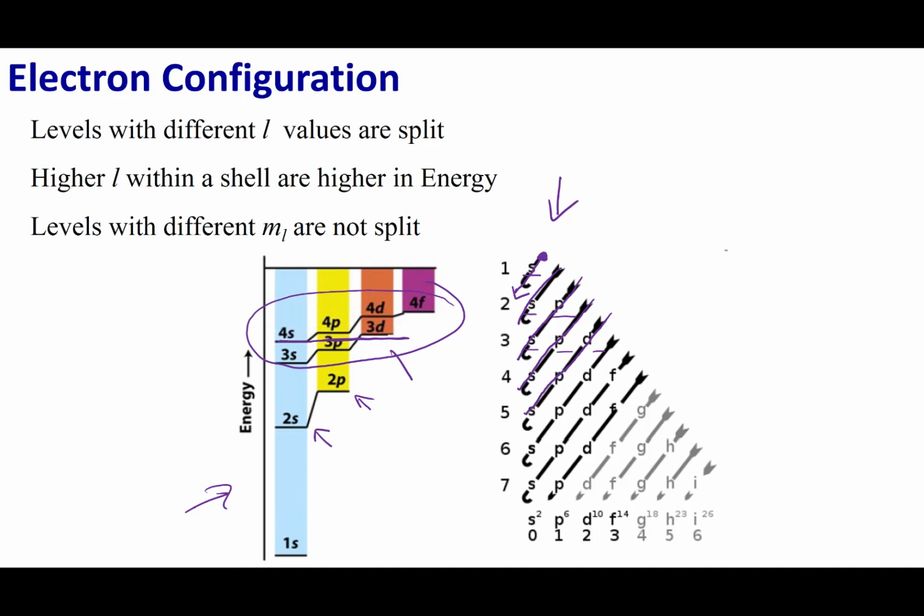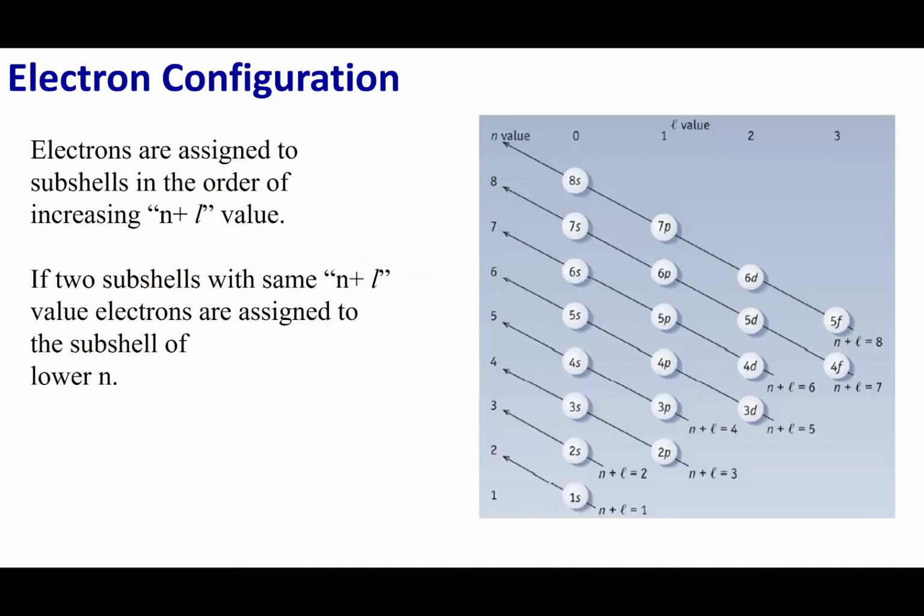Now, if you're more mathematically inclined, you can use a formula. The way that you figure out which orbital is lower is you can use the simple formula n plus l. Whatever has a lower value is going to be filled first. So if you're trying to figure out which is the lowest energy, the 3p, the 3d, or the 4s, you can use this mathematical formula.